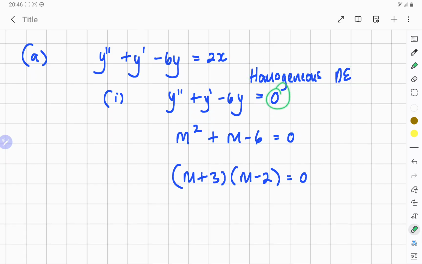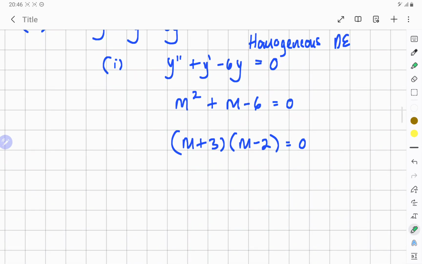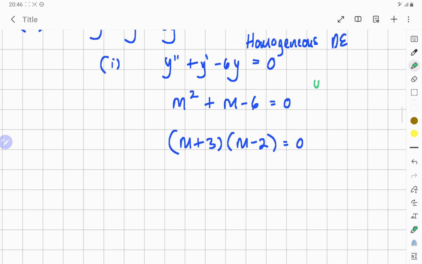We make it equal to 0, as you can all recall. We then get our auxiliary or characteristic equation. Just to quickly mention, remember your second derivative will be m squared, your first derivative m. But then if you just have y, you will just have 1. And then so on for higher derivatives. But that you should all be familiar with from the previous videos.